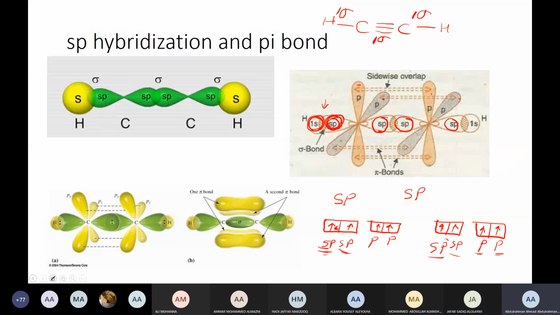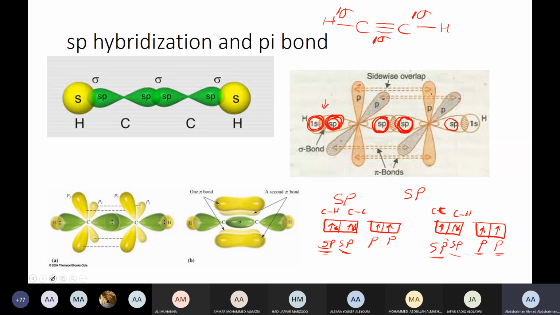The other sp of the carbon will interact with what? With the sp from the other carbon, and will also make the bond. So the first one is with hydrogen, this is a C-H bond. The second one is a carbon-carbon bond. And same thing here. This is a C-H bond, and this one is a carbon-carbon bond.